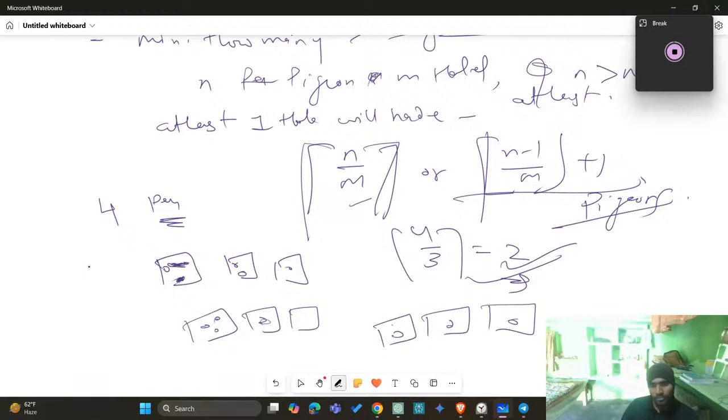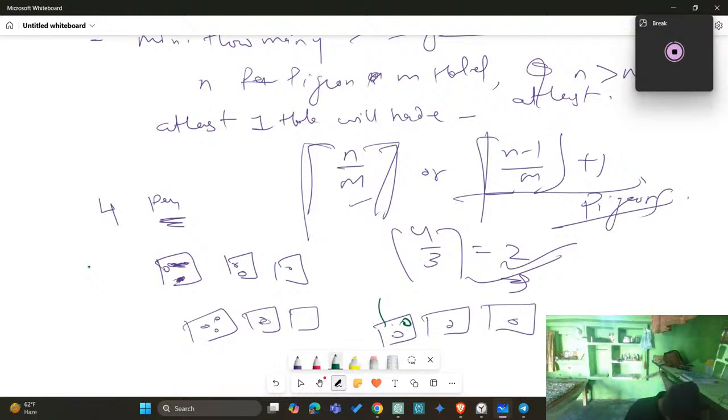We have to put it here or here or here. So one pigeonhole will always have at least two pigeons. This is what it is saying. Let's say we have identical pigeons and distinct holes.